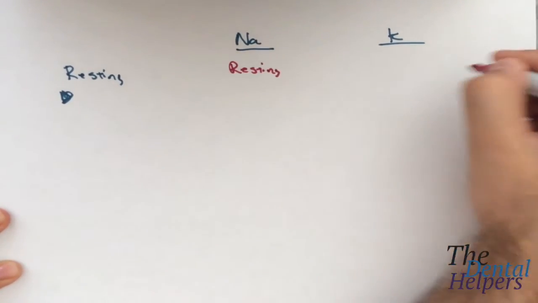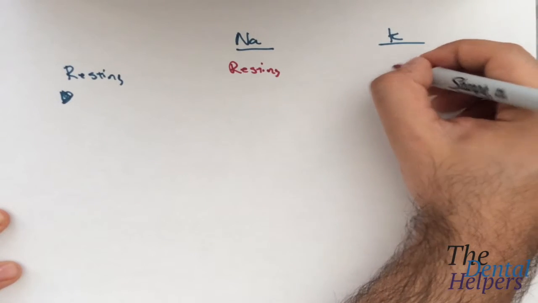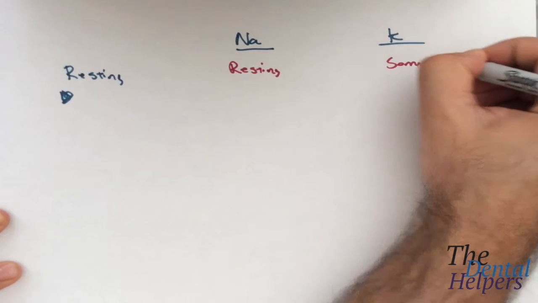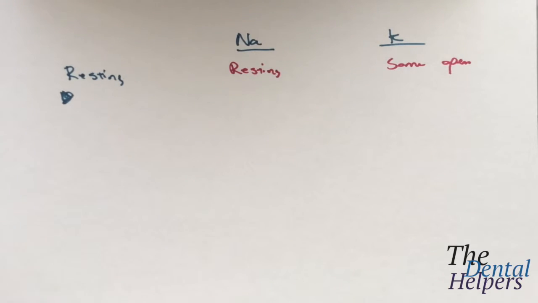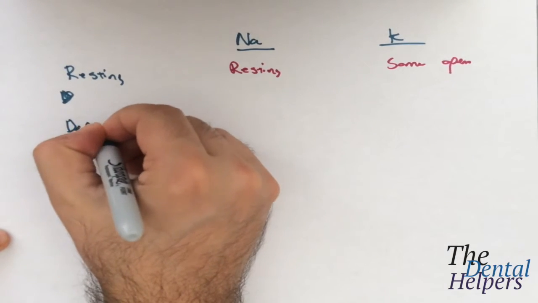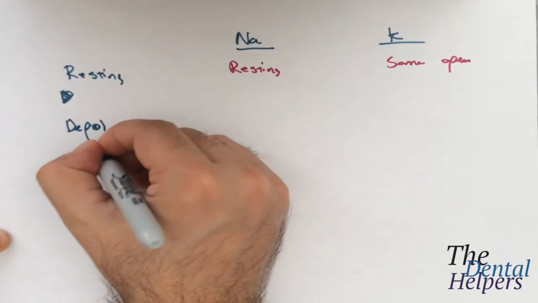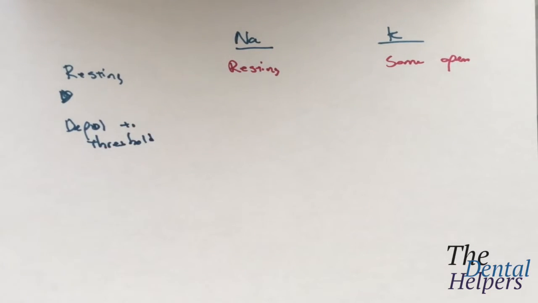And the potassium, some are going to be open. Now when we want to reach threshold, we're going to have a partial activation.